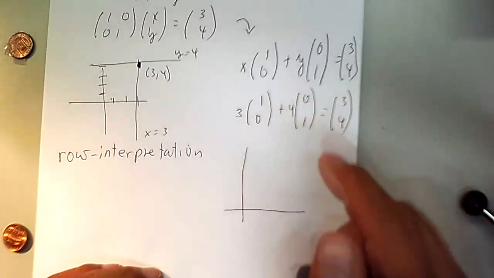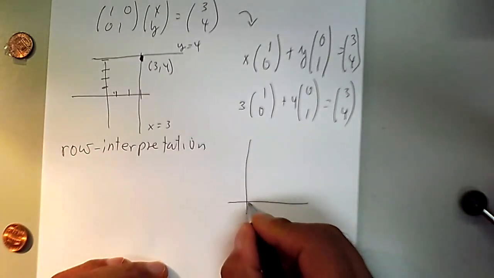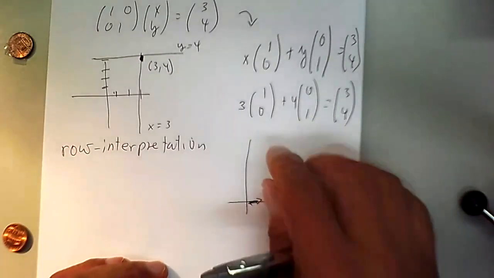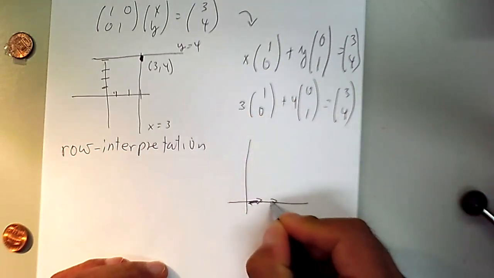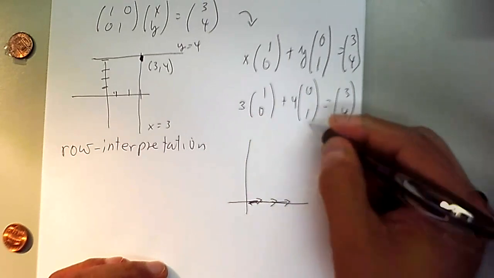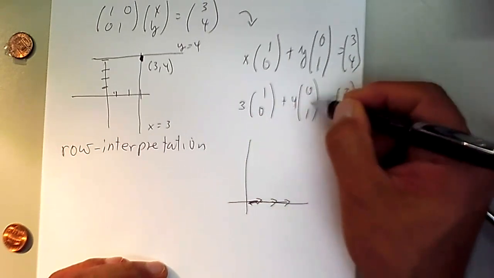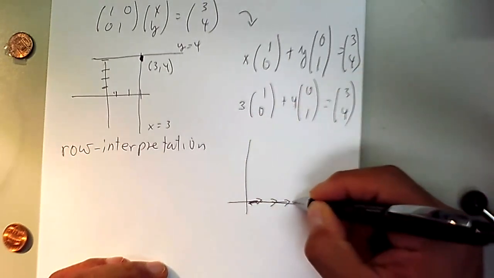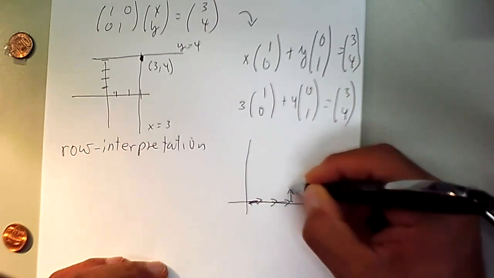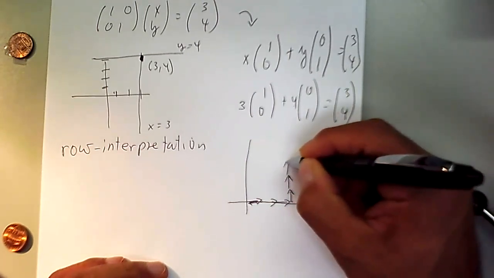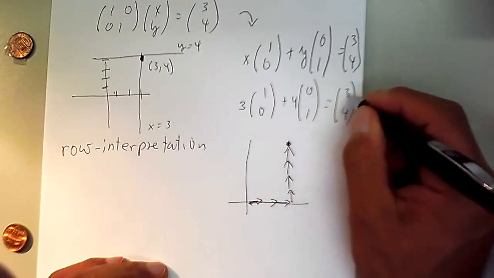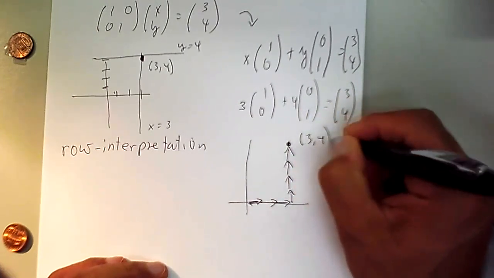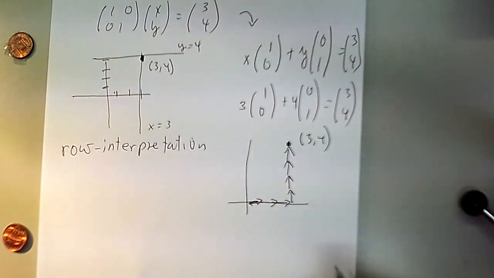That means the vector 1, 0 is here. So this is telling us add 3 of those, 1, 2, 3, and then add 4 of those. 0, 1 is this vector. So 1, 2, 3, 4, and we end up with the point 3, 4. So there are two interpretations.